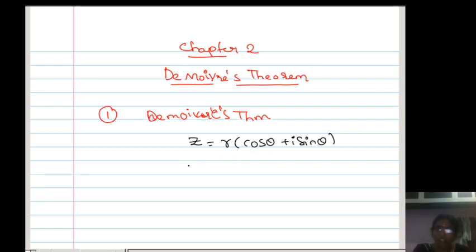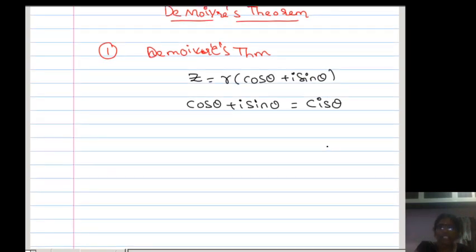Now cos theta plus i sin theta is also written as cis theta. One more property you studied: cis theta 1 into cis theta 2 can be written as cis of theta 1 plus theta 2.